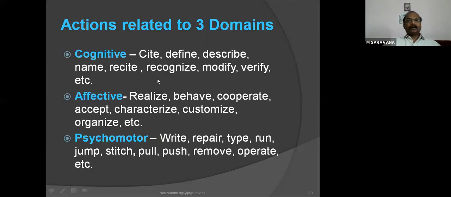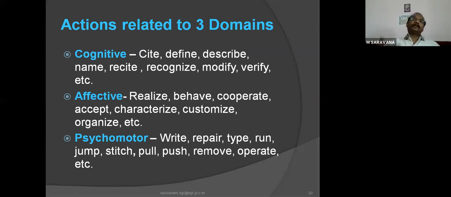For the cognitive domain, you see cite, define. See, after teaching a particular theory class, it may be introduction to network, or introduction to Java programming, or types of sewing machine, types of thread, types of needles, or types of rectifier, whatever it may be.